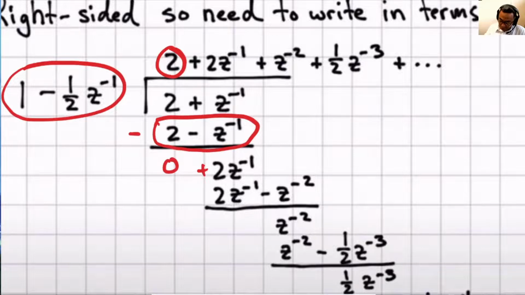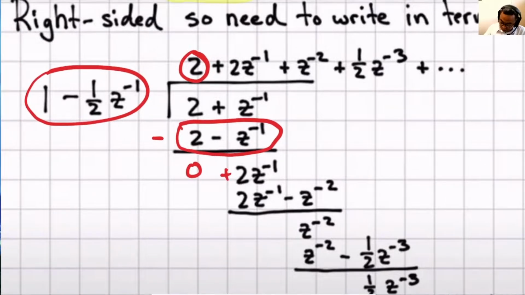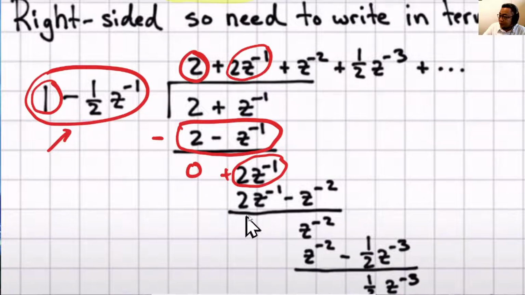So the second time, we are trying to get this expression 2z^-1, so we multiply by 2z^-1 here. So we have 2z^-1 times this expression, and we are getting 2z^-1 minus z^-2. Notice that because our ROC is causal, we are multiplying by z^-1.